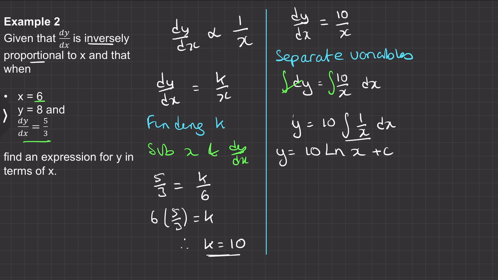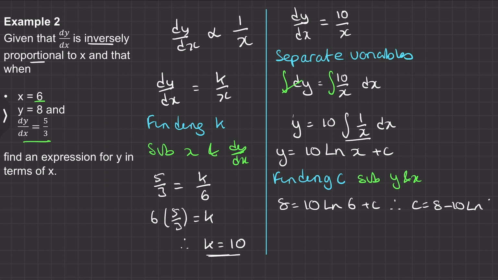So now we need to find the constant term. We can go back to the information in the question, and we're told that when y is 8, x is 6. So we'll substitute in y and x. So 8 will equal 10 ln x plus c. So therefore, c will equal 8 minus 10 ln 6.